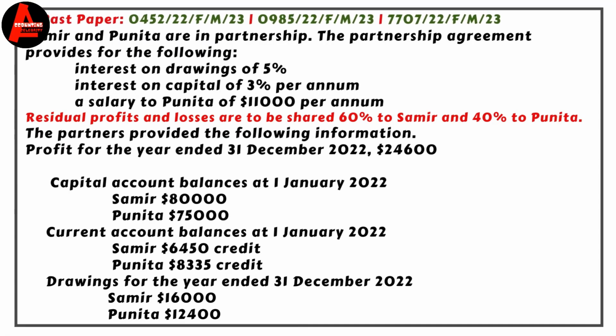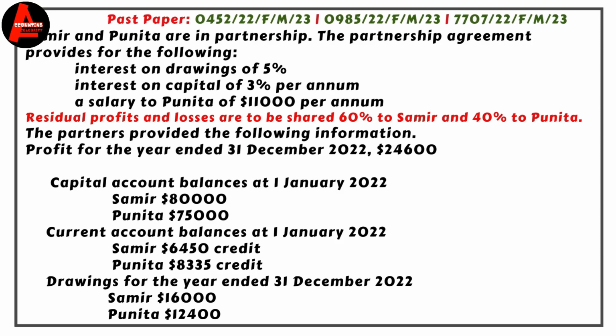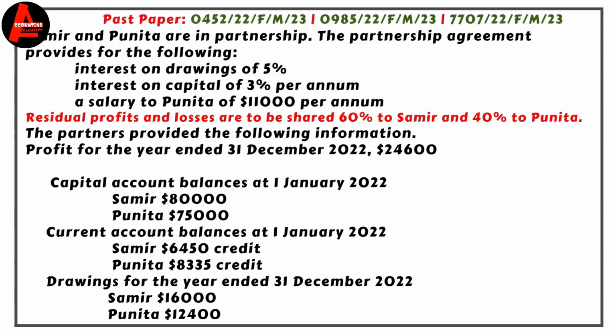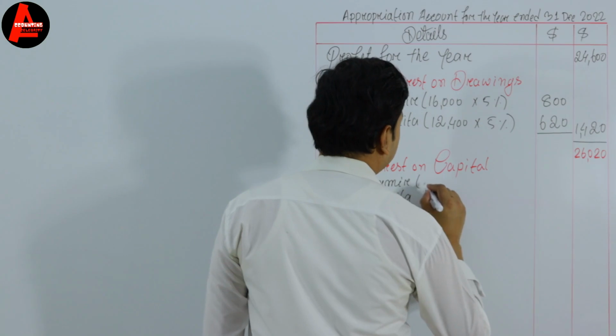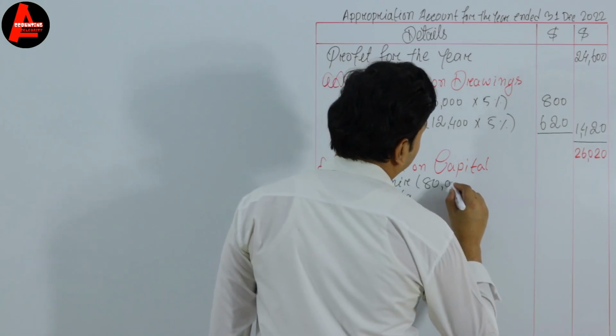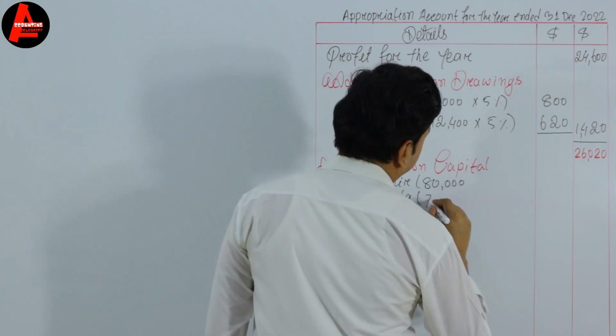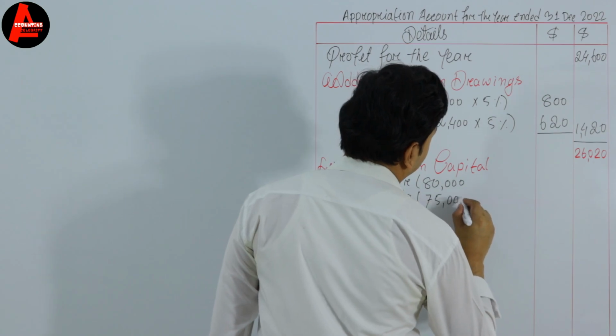We have here capital account balances at 1st January 2022. Samir's capital is $80,000 and Punita introduced $75,000 capital in the business. So let us write here Samir $80,000 and Punita $75,000.